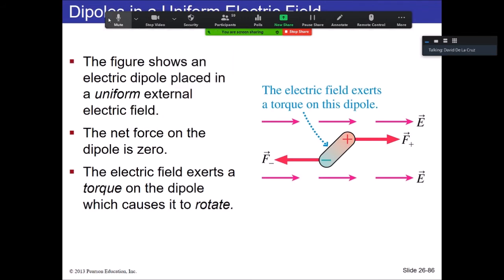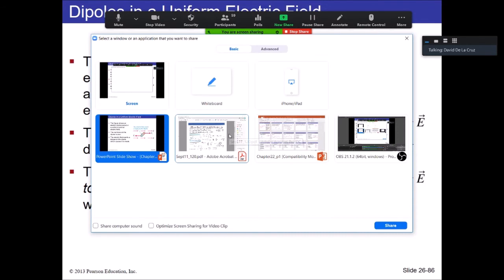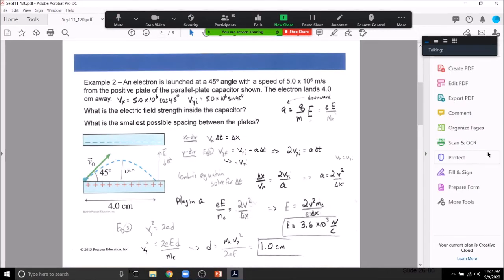Mr. McGovern, could you go back to that example real quick? I had a question for when you're solving the y direction with equation 1. Could you explain why the final velocity is just the negative of the initial velocity? Right, because it gets shot up initially with the speed of 5 times 10 to the 6 sine 45.